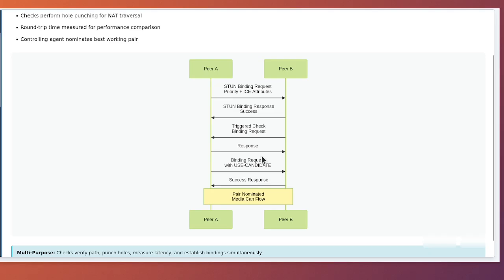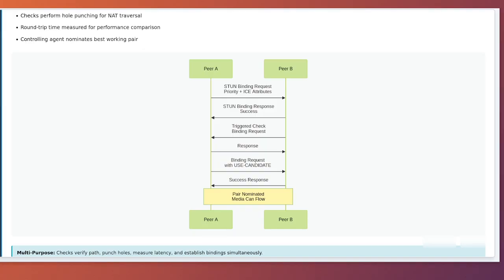ICE creates candidate pairs by pairing each local candidate with each remote candidate received from the peer. If you have 3 local candidates and receive 4 remote candidates from the peer, you end up with 12 candidate pairs to test. These pairs are organized into a checklist and prioritized based on the candidate types involved.